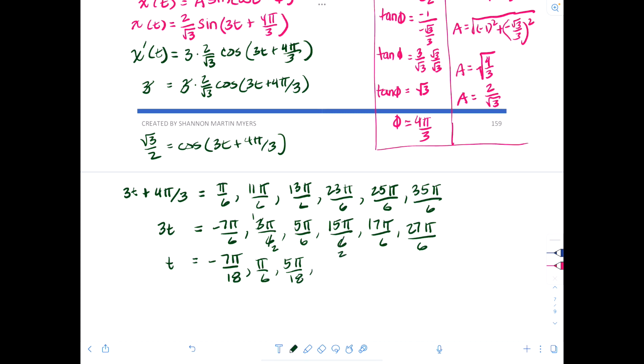This one, we can divide out some 3s, so we'd end up getting 5 pi over 6, 17 pi over 18. 3 divided out some of this one, and so we would get 9 pi over 6, which reduces to 3 pi over 2.